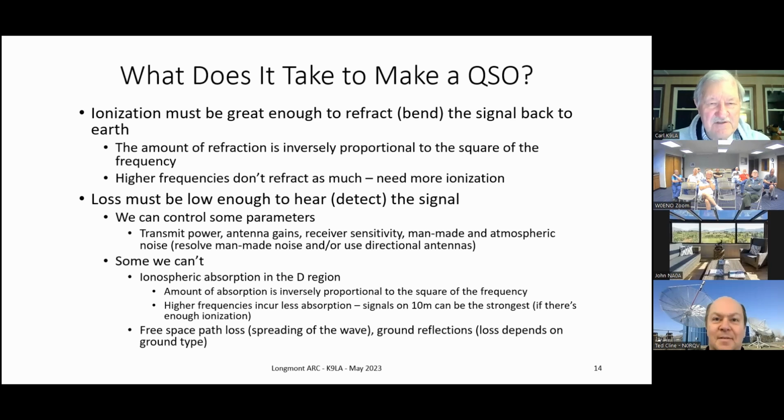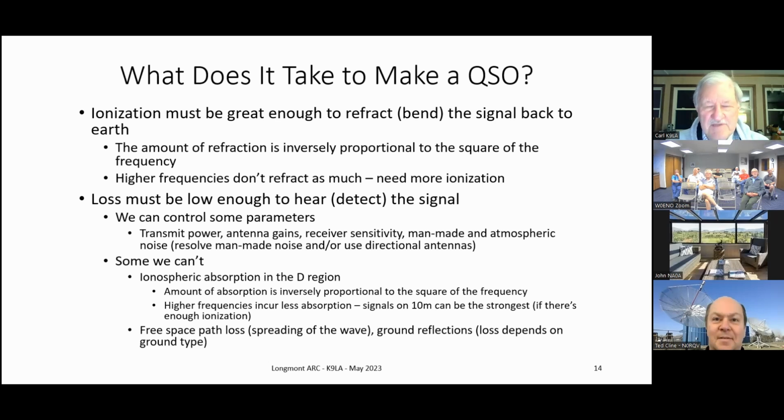And in addition to that, the loss must be low enough to hear or detect the signal.